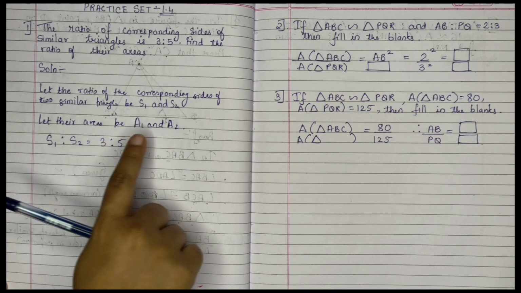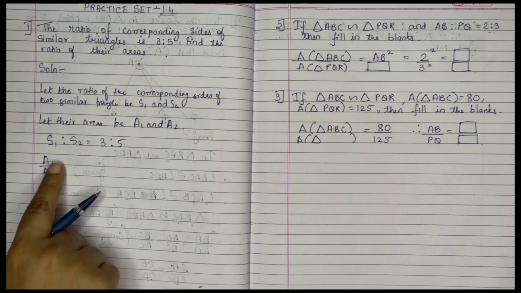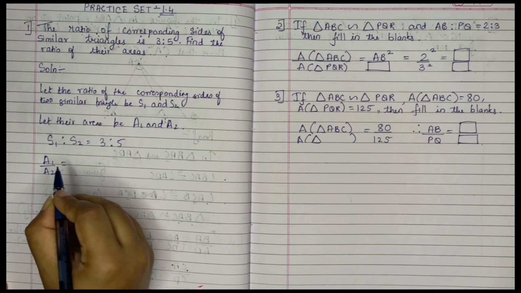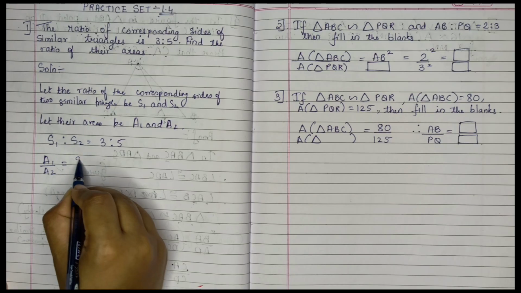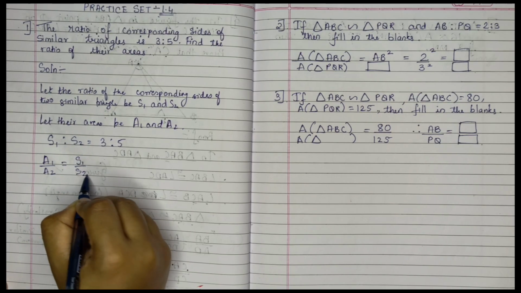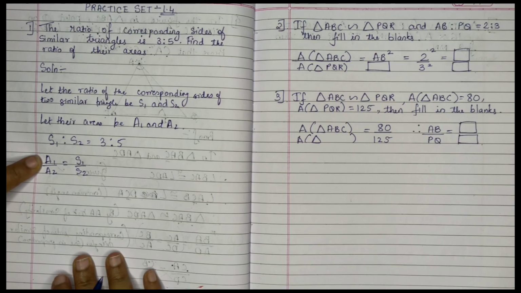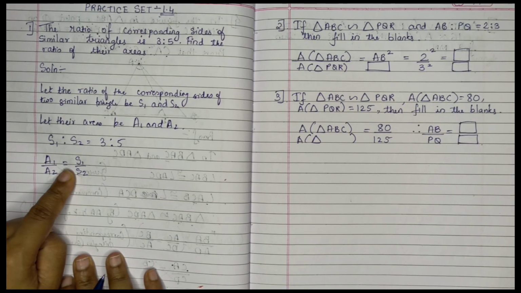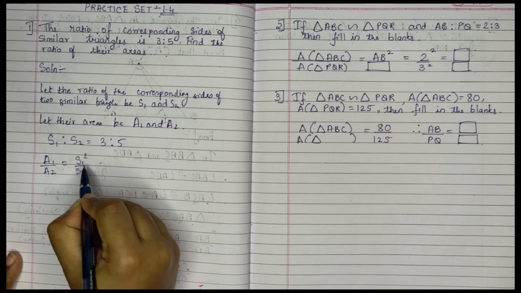We know that the ratio of the areas of two triangles, A1 upon A2, is equal to the square of the ratio of their corresponding sides, that means you have to square S1 upon S2.